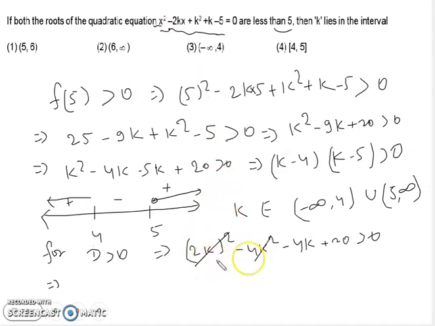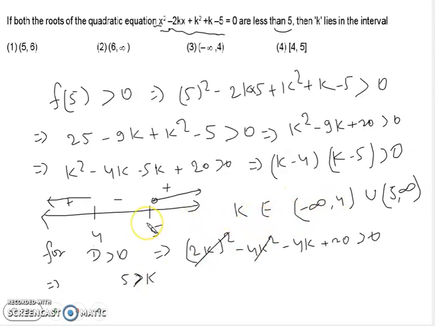After cancelling 4k square minus 4k square you get 0, and 4k, and when we send this value, it is minus 20, and after solving you get the value of k less than 5, right? So you can take the intersection of both terms.